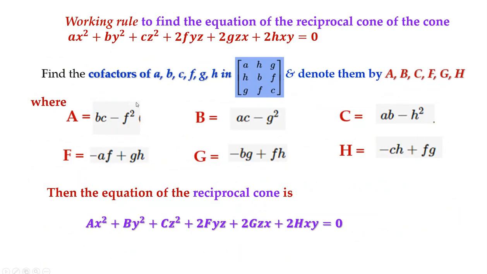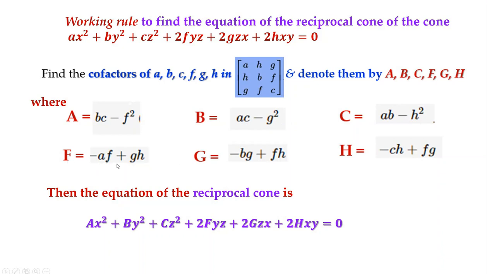Now this is the working rule. Here you will be given the equation of a cone. Now you find the cofactors of A, B, C, F, G, H in this matrix and denote them by capital A, B, C, F, G, H. They are nothing but this, which we have already mentioned. A is BC minus F square, B is AC minus G square, and C is AB minus H square.